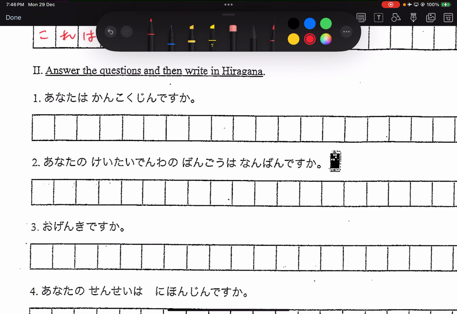Okay, it's Korea. 韓国 is Korea. So, a country plus jin means it's the nationality, right? So, Korea plus jin is Korean. あなたは is you. So, are you Korean? Right? Are you Korean?